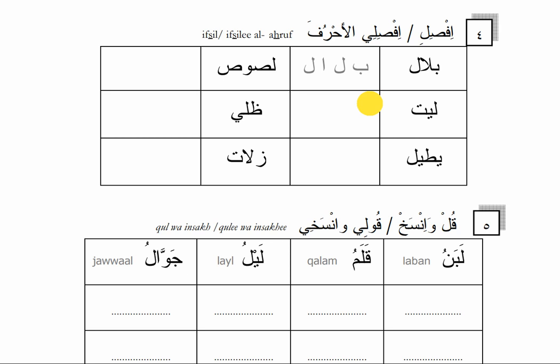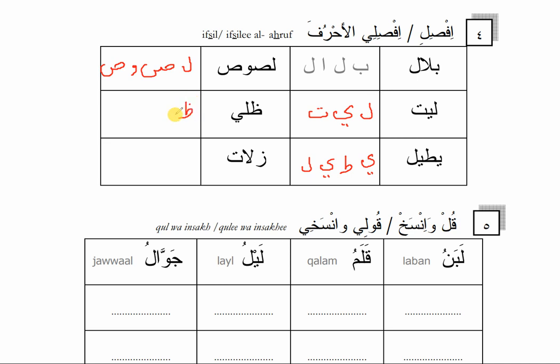Lam, ya and ta. Then ya, there are 4 letters: ta, heavy ta, again ya, and then lam. Lam, sad, waw, and sad. Okay.